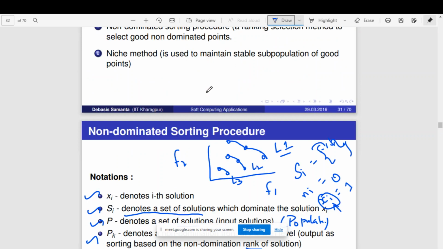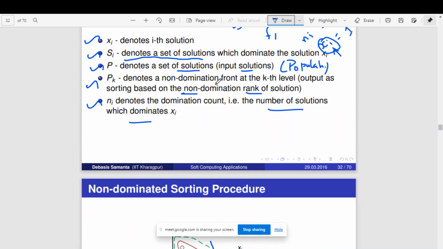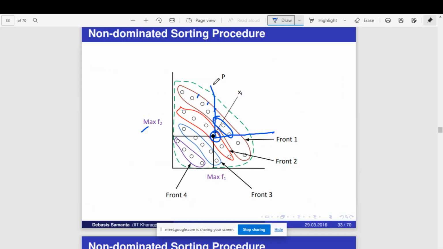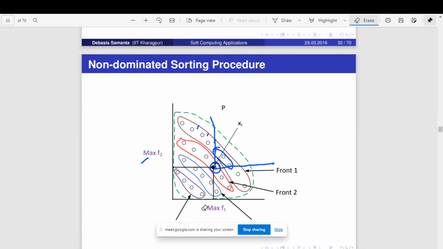And Pk denotes the non-dominated front at the kth level. Here at the first level, the non-dominating front is this set of points. So these are the best individuals.